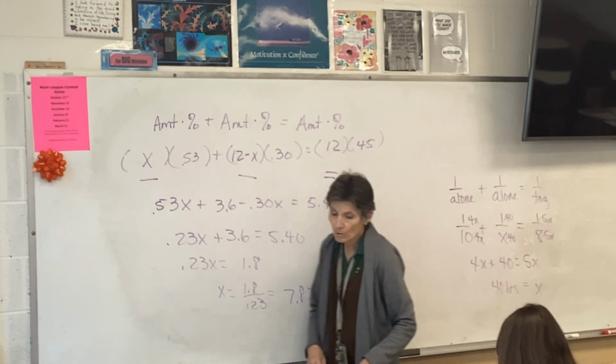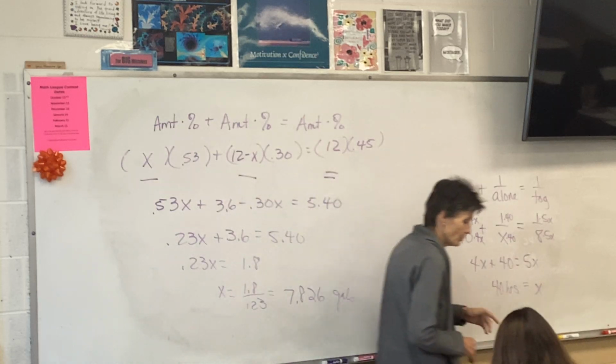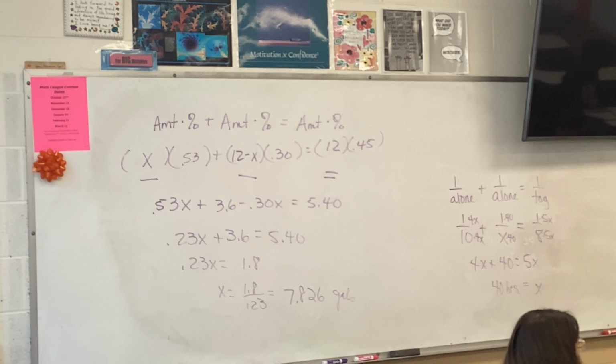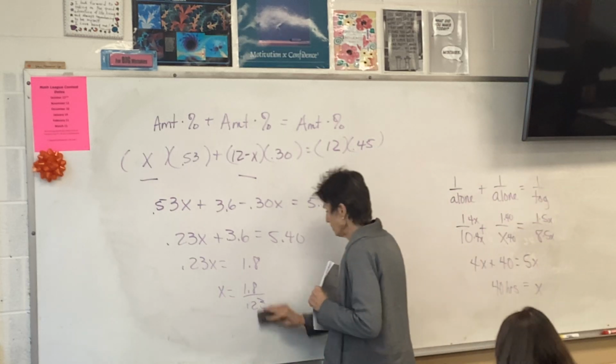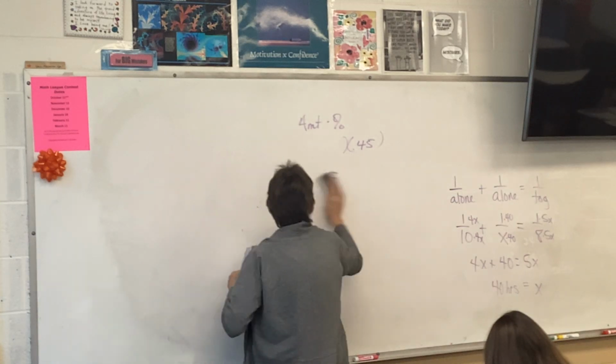Alright, who found something that we need to do? What is it? Alright, so she wants to do one of the big graph problems. So I'm gonna do the one on her quiz.